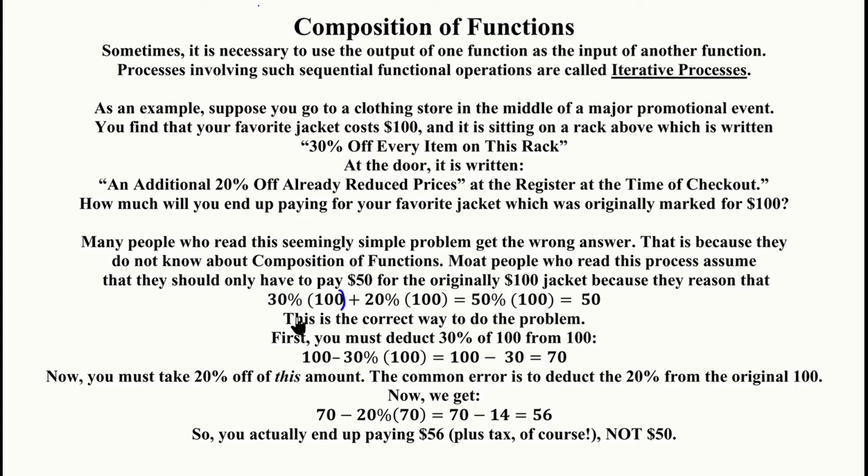So the correct way of actually calculating this event would be, you start with your $100, you take 30% off of that, which is 30% of the original $100, and you get 100 minus 30, which is 70. Now we have a new number that we need to reduce by 20%. So now we have to take the 70, take away 20% of, you guessed it, 70, not the original 100.